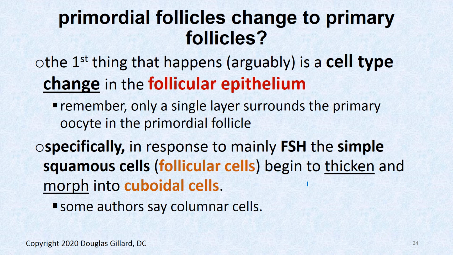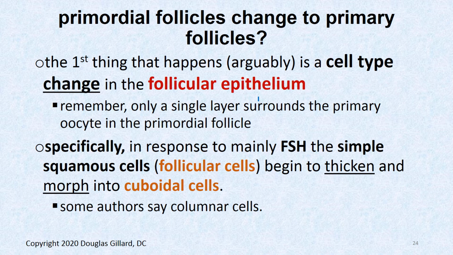Some authors say that the first thing that happens is the squamous cell type, remember, we have a simple squamous that surrounds the oocyte, the follicular epithelium, morphs into a new cell type. In fact, it becomes cuboidal. And that's in response to FSH. The simple squamous cells morph and thicken into a cube-like structure. Some authors say that they're more columnar-like.